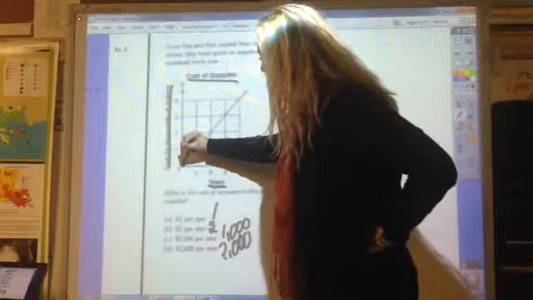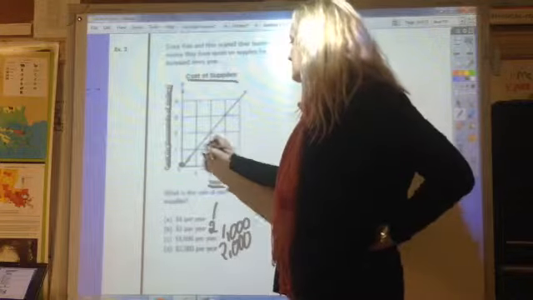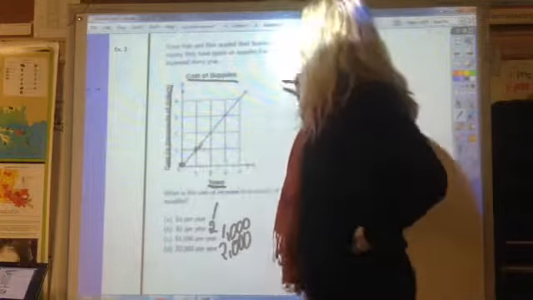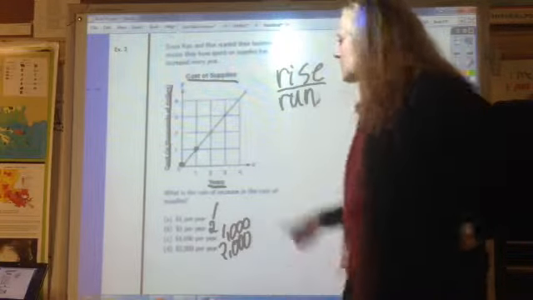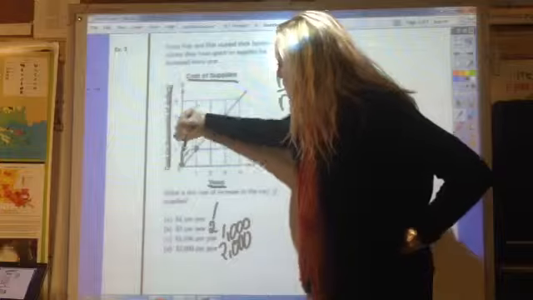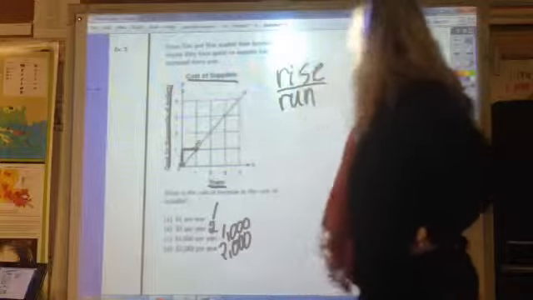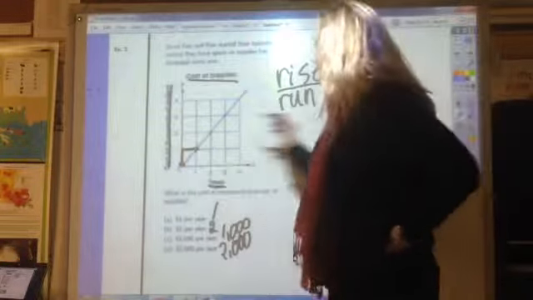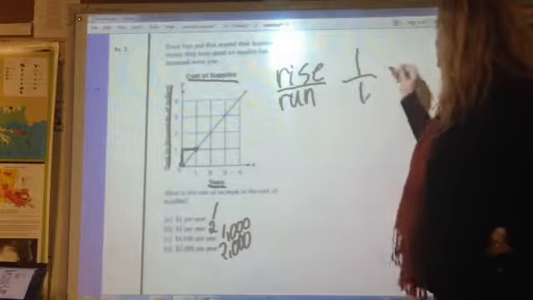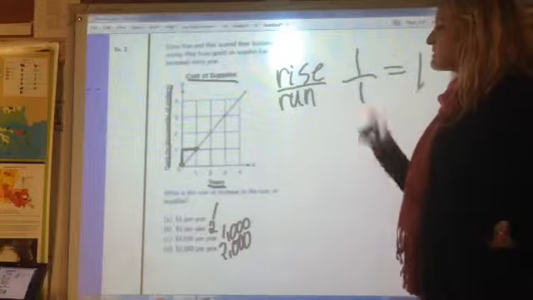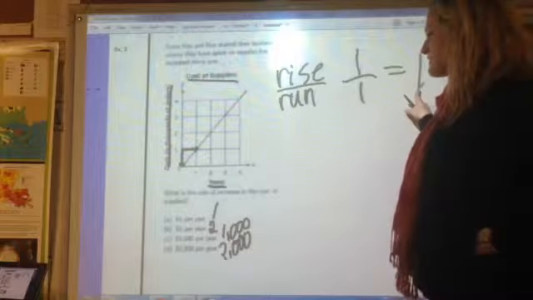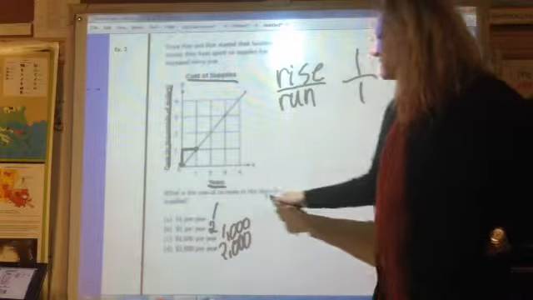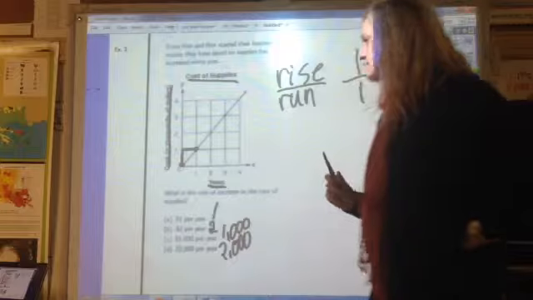I'm going to start with my y-intercept. The graph starts at 0, so we'll start there as well. When I'm finding slope, I want to do rise over run. I'm just finding the slope between these 2 points, and I see that my rise is 1, and my run is also 1. That simplifies down to just 1. So my rate of increase is just 1. But again, I'm interested in the rate of increase in the cost of supplies.